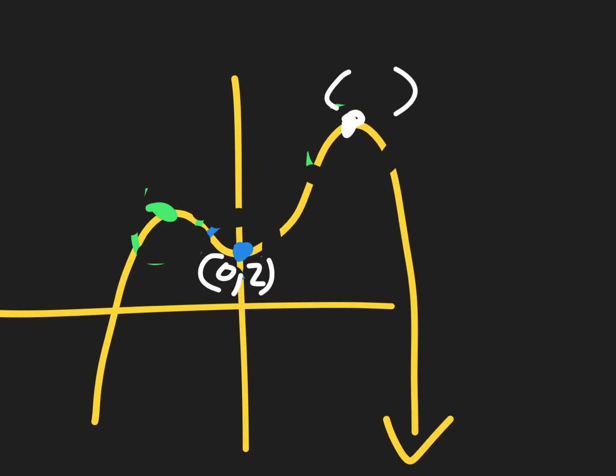That top point there, that's gonna be the point (5, 6). The green point is going to be the point (-3, 3).